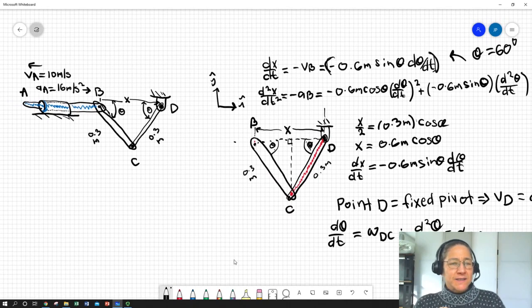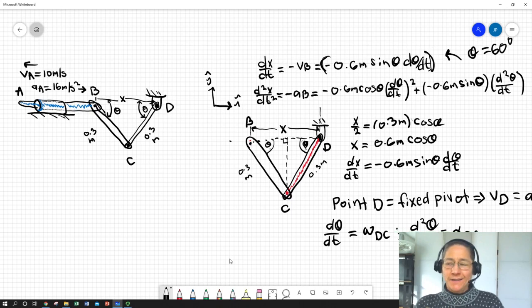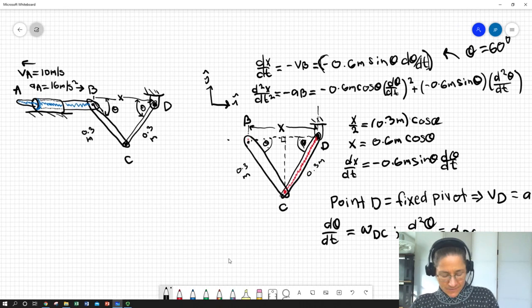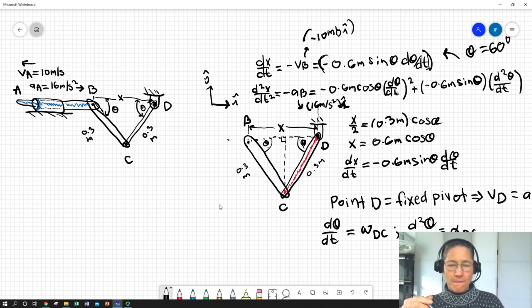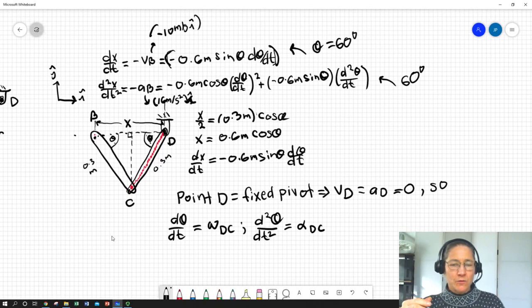So the velocity of point B is 10 meters per second in the negative i hat. So that's negative 10 meters per second i hat is VB, and AB is positive 16 meters per second squared i hat.